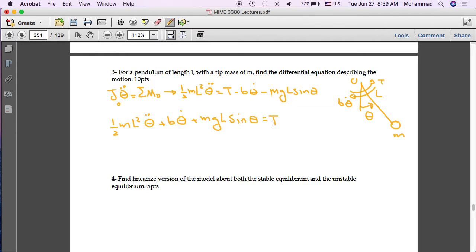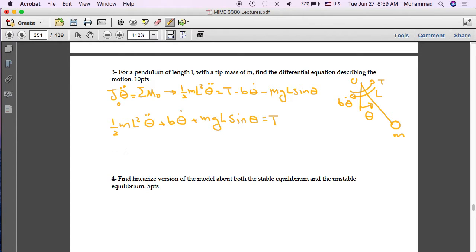And from this equation, you can find the equilibrium position or positions of the system. If you set all the dot terms equal to 0, as well as the input, so if you put everything that has dot and the input both equal to 0, you'll arrive at mg sine theta equilibrium has to be equal to 0.